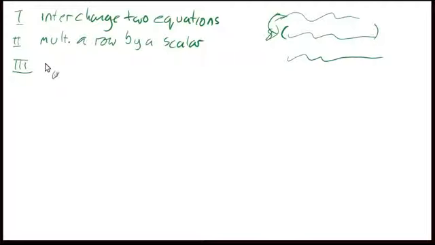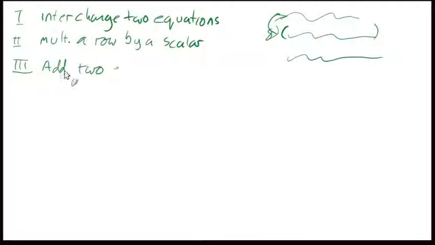And the third thing that we can do is essentially just add two equations together. Okay, and understand, when I write equations and I write row, they are interchangeable. They're the same thing.